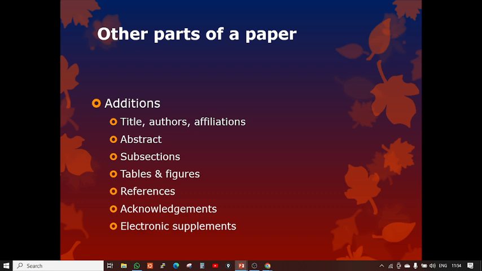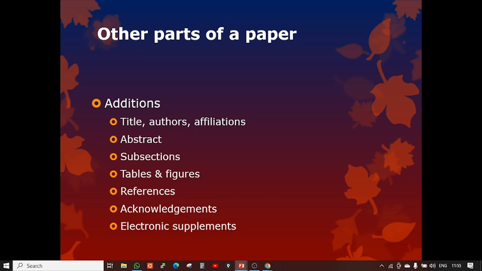Then tables and figures are also part of the paper because they clearly indicate your data and analysis, and also the results and discussion. Then references: which papers you cite, what literature review you have already studied, come in the references section.